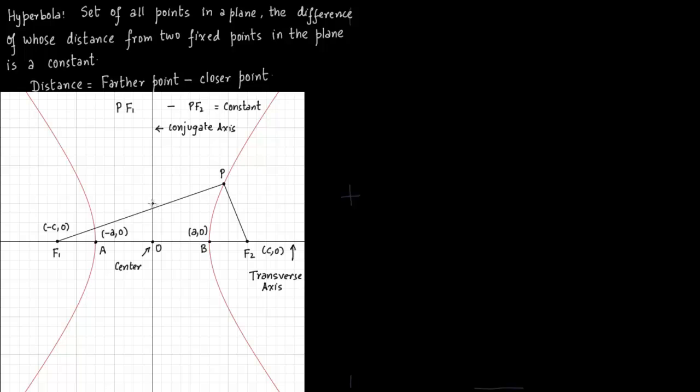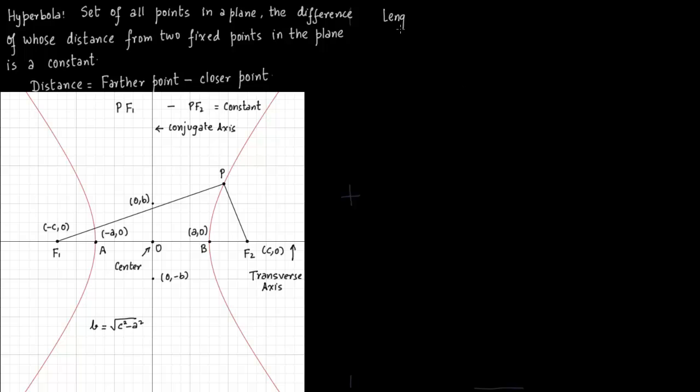Now we mark 2 points on the conjugate axis. These 2 points we are going to call (0, -b) and (0, b). So let us define what this b is. We define b as the square root of c squared minus a squared. Notice this immediately gives us c squared is equal to a squared plus b squared, and this is different from ellipse.